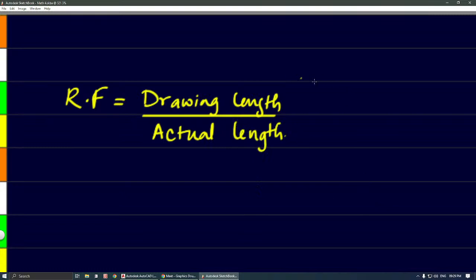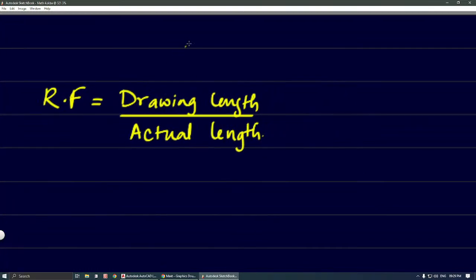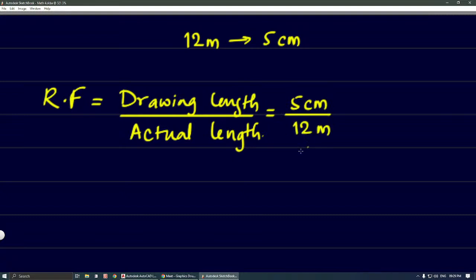So if you are given drawing length and actual length, for example, suppose the distance is 12 meters, but it is represented by a length, let us say 5 centimeters. Then drawing length 5 centimeters by actual length is 12 meters.